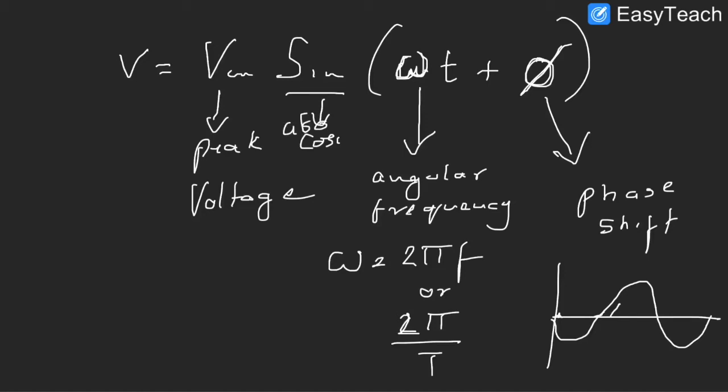Some signals are generally described as sine and cosine because they are interchangeable. If you revisit your basic trigonometry, you'll realize that sine and cosine are just phase shifted by 90 degrees.